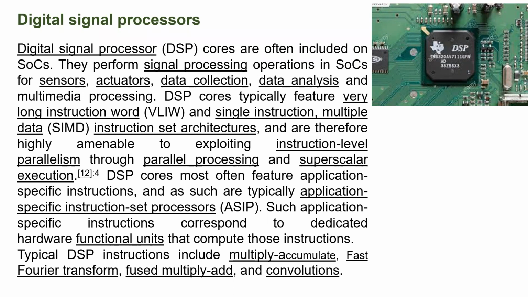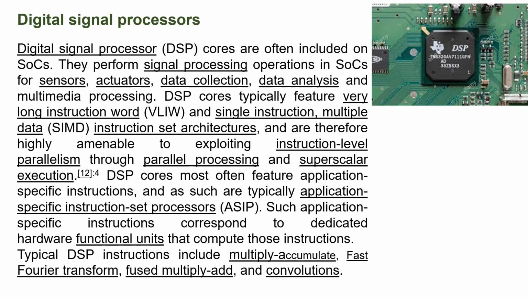That is introduced by the use of superscalar architecture. Basically, superscalar architecture was used in Intel processors, so their integer and floating point instructions could be executed simultaneously. The same thing is applied in the case of digital signal processor cores.